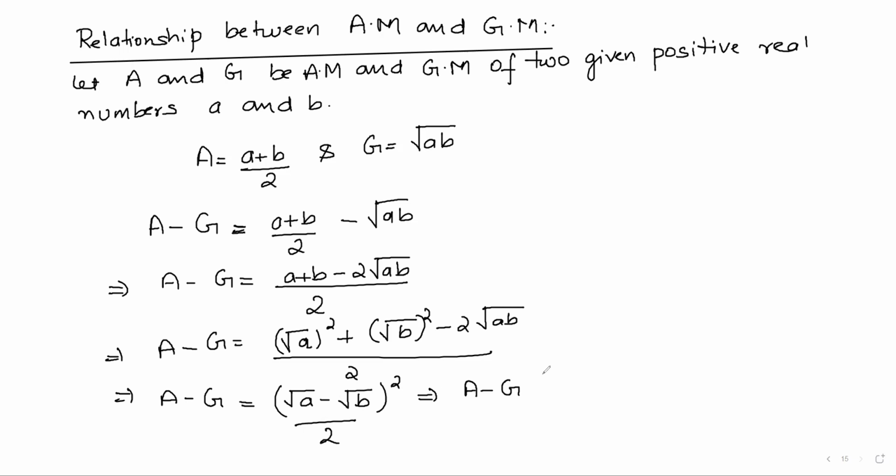So can we say that A minus G should be greater than or equal to 0? Yes, sir. So we can say that A is greater than or equal to G. So this is the relationship between the arithmetic mean and the geometric mean: the arithmetic mean is always greater than or equal to the geometric mean.